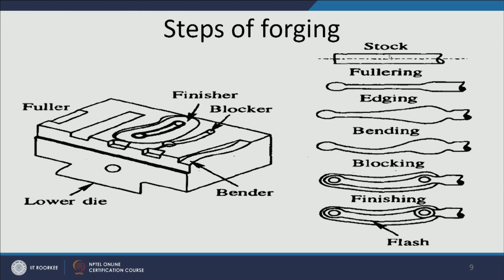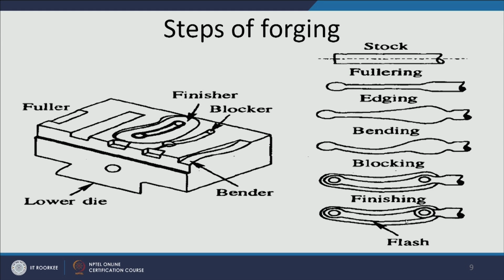This is the raw stock, and the raw stock is first of all brought to the desired cross section by the fullering process, and then the required volume of material for the final product is achieved in the edging step, and then as per the shape the bending is carried out, and after the bending we do the blocking, and the blocking helps us get the shape closer to the shape which is desired, and then finishing will help us in getting the final size and shape.